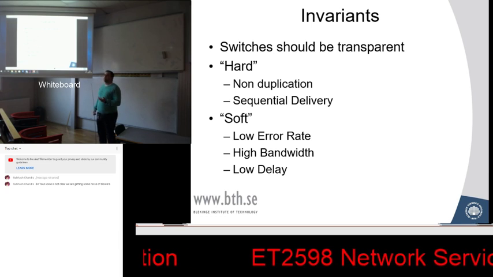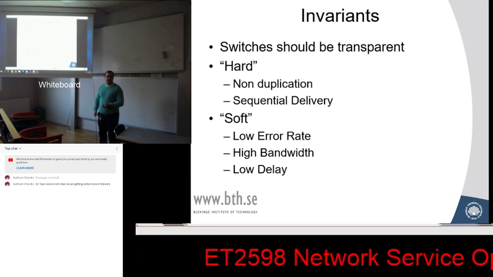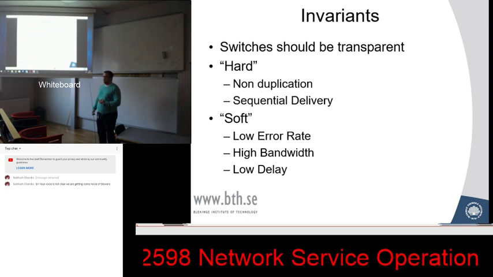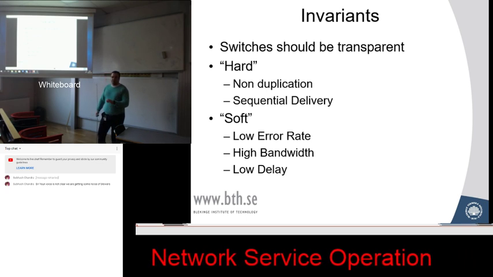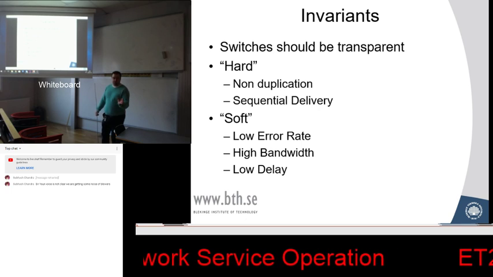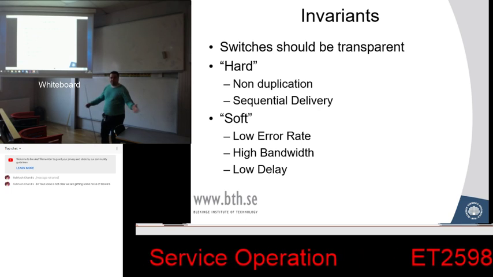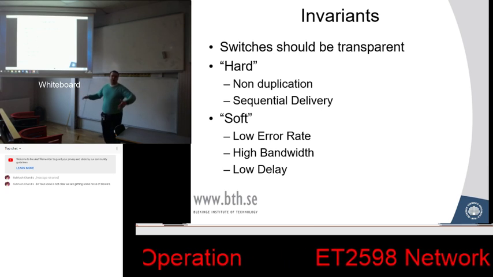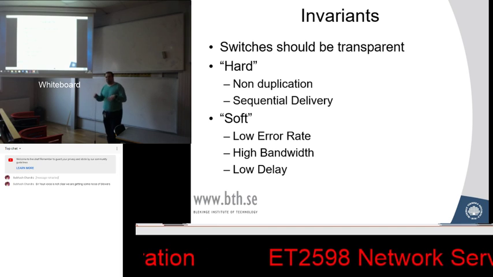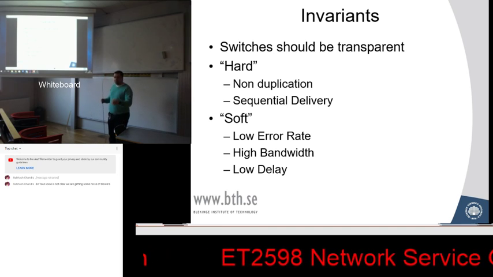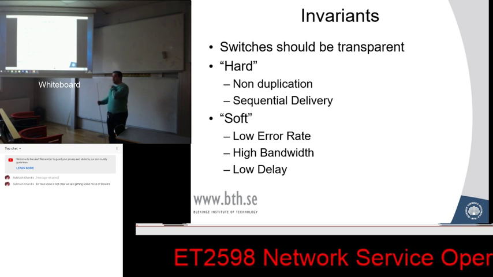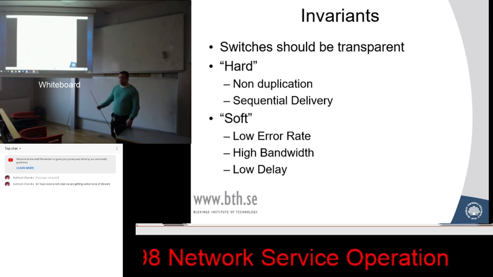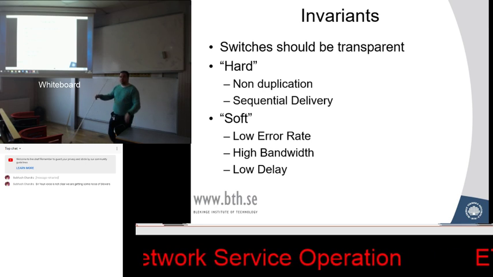Transparent means that you should not perceive that they are present. They should not be hampering communication. They should not add delay beyond whatever is on the wire, basically. You want the switch to be the equivalent of 10 or 15 meters of wire, not more, 200 perhaps, or something. It should not be something that is causing issues. You want them to be transparent, and that applies for all networking things, actually. You want them to be as transparent as possible because that makes the upper levels much more happy.